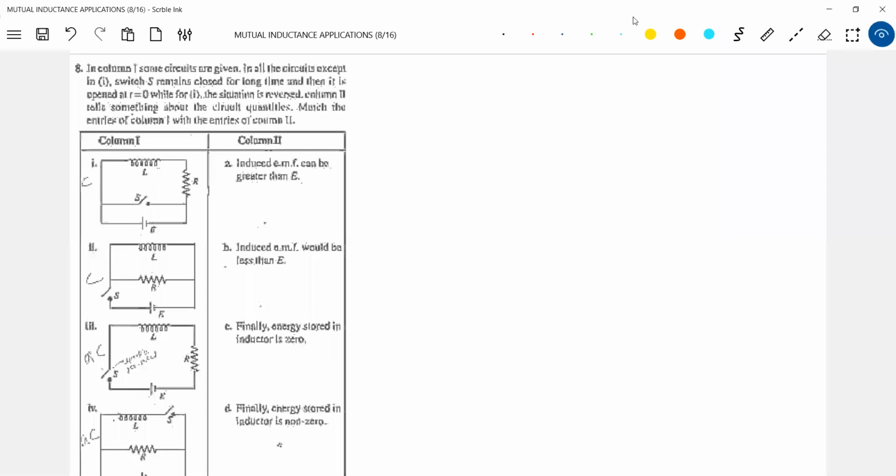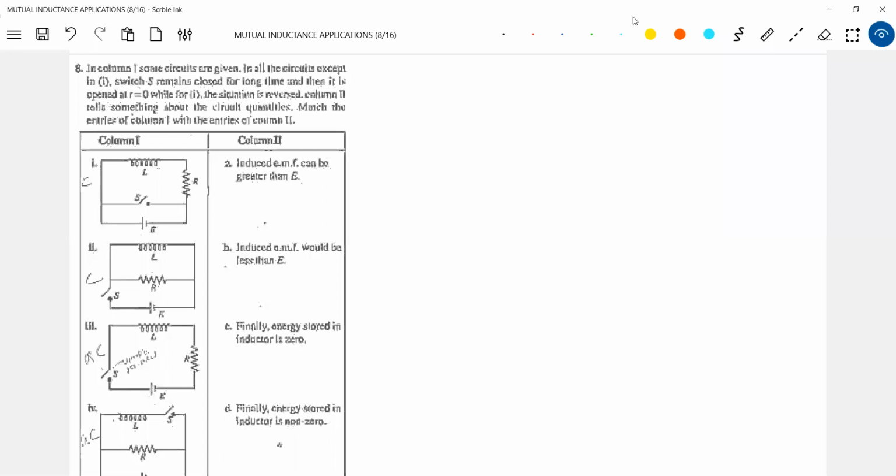While for this is what? Situation... The question is incomplete, I'll search for it. Wait a minute. It is opened at t equals 0 while for one the situation is reversed.